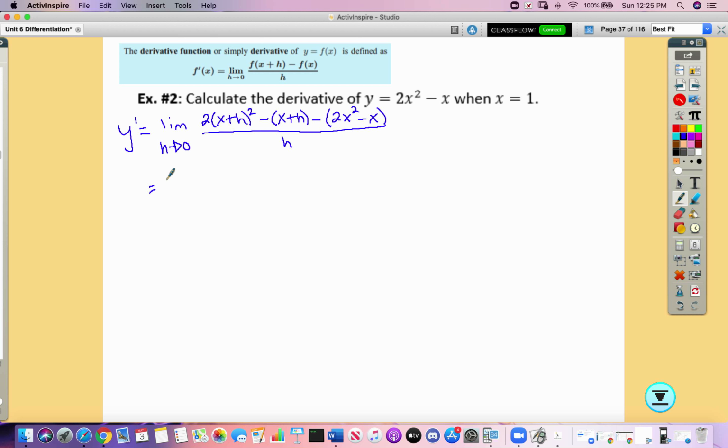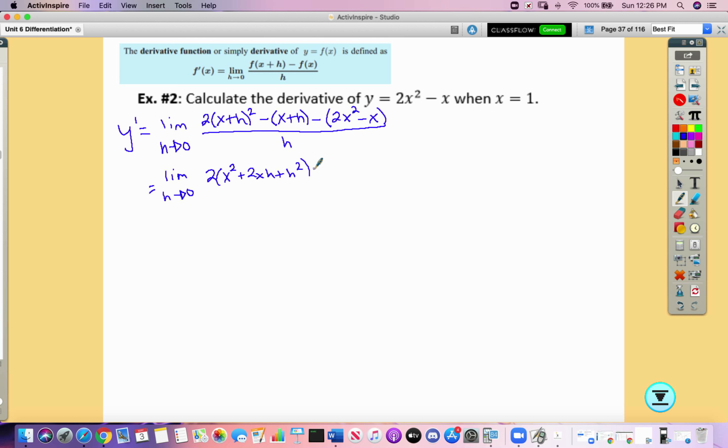So we certainly can. I have the limit again as h approaches 0. I've got to keep writing this until I actually calculate the limit. And I can't calculate the limit yet because substituting in 0 will put a 0 in my denominator. That's why we do this whole simplifying step first. So I've got 2 times, well, (x plus h) squared, again, is x squared plus 2xh plus h squared.